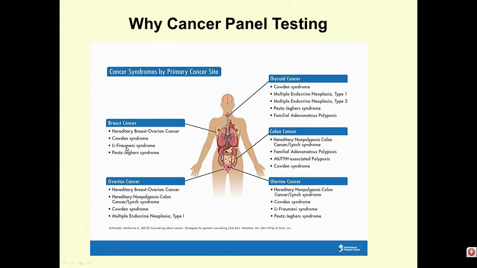But there are other hereditary cancer syndromes that also have breast cancer as a feature, including Cowden syndrome, Li-Fraumeni syndrome, Peutz-Jeghers syndrome. Similarly, ovarian cancer, again, most often associated with BRCA1 or 2, but there are several other hereditary cancer syndromes which may also include ovarian cancer. So this overlap in syndromes and cancer types is one reason why we might consider offering panel testing.